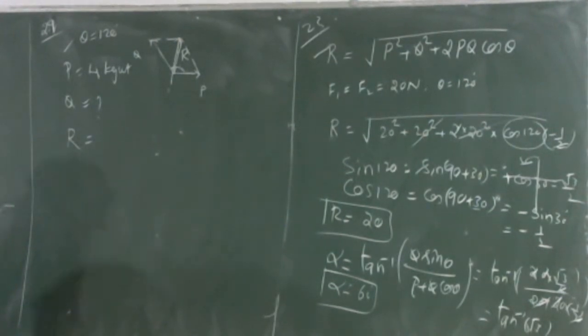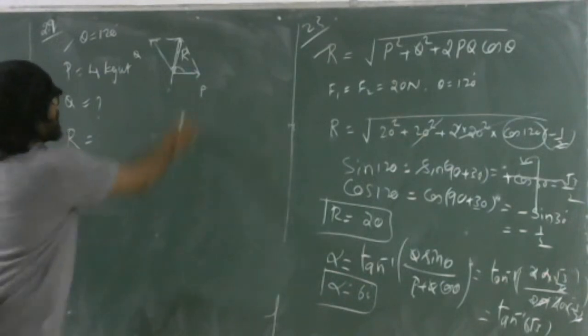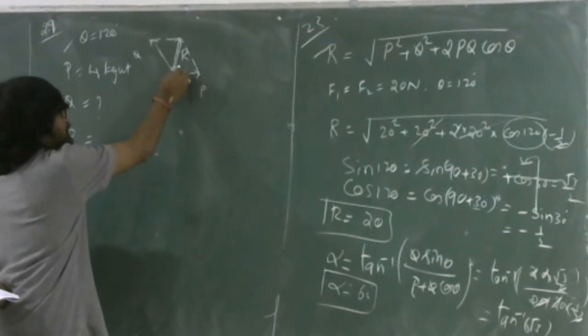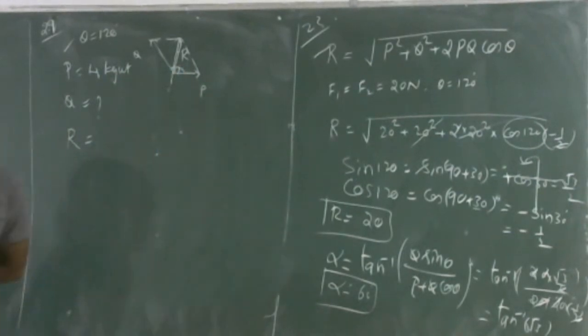R is equal to square root of P square plus Q square plus 2PQ cos theta. Theta is 90, which means cos 90 will be 0. The term vanishes.